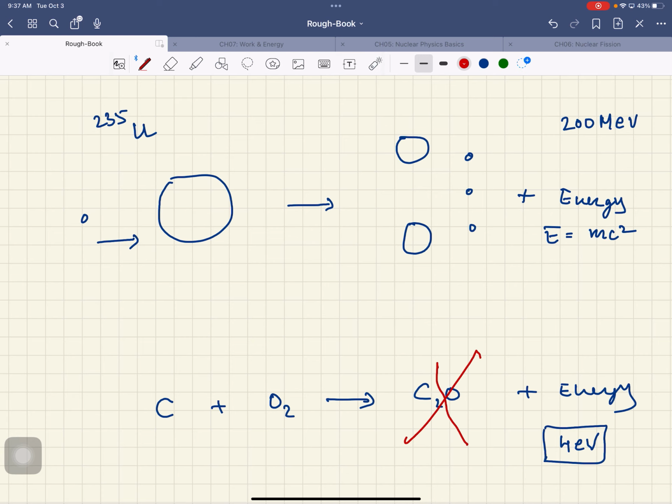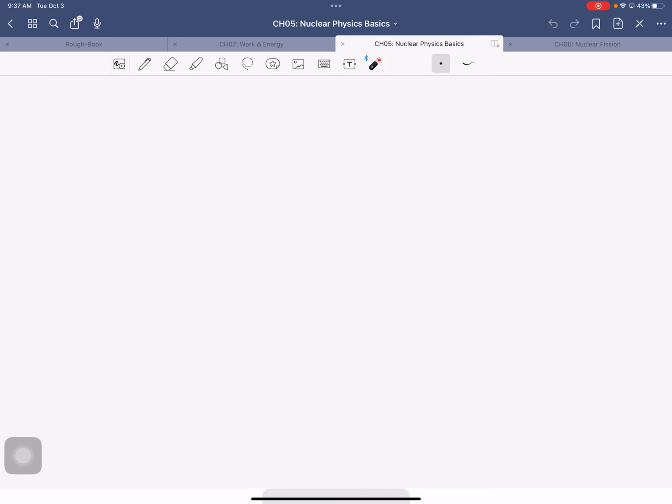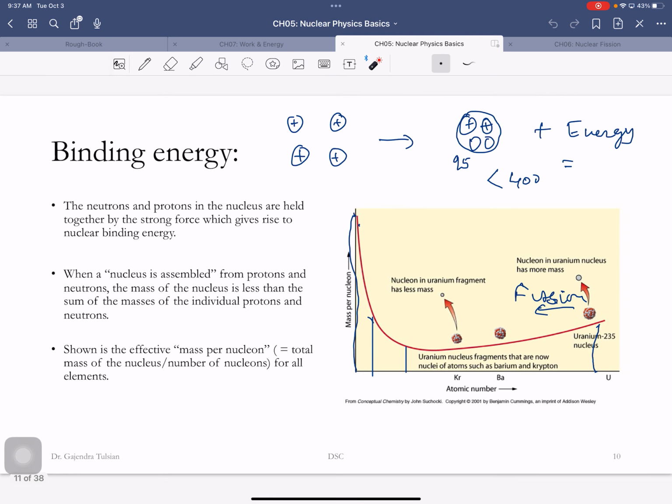All right. So we learned that, why is energy released? Because these guys weigh less. Okay. So the products weigh less. Why do these guys weigh less? Very good. So all the nucleons are more tightly bound. Okay. And you saw that in this graph from last chapter. You saw that this is the mass of a free proton and a neutron. In a uranium nucleus, each proton and a neutron weigh that much.